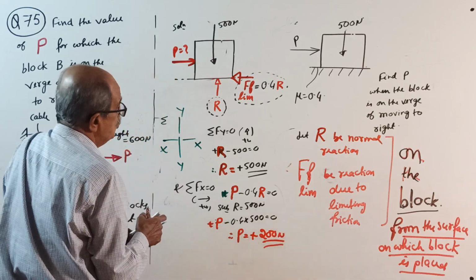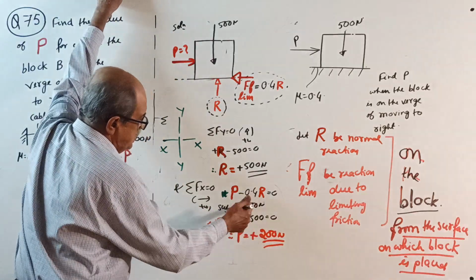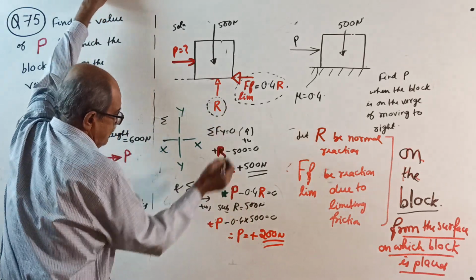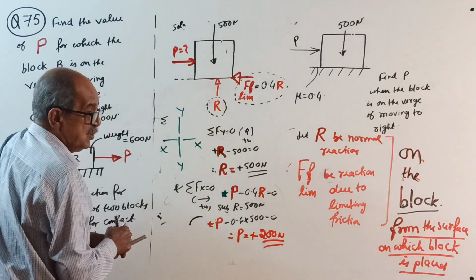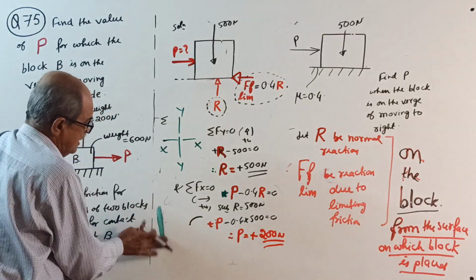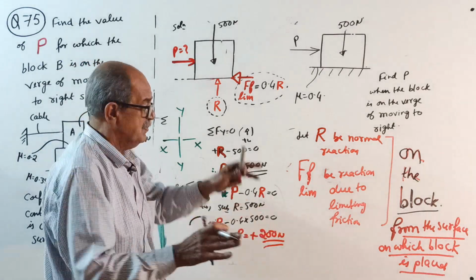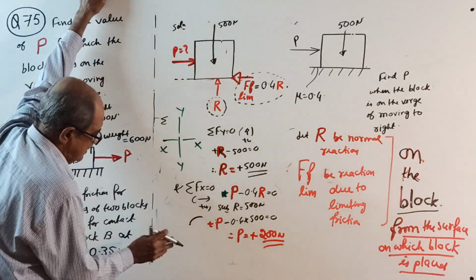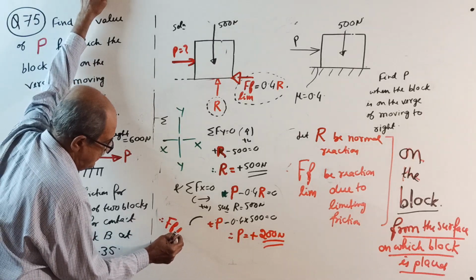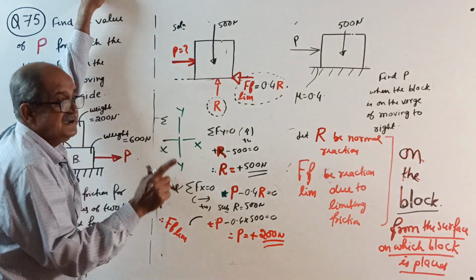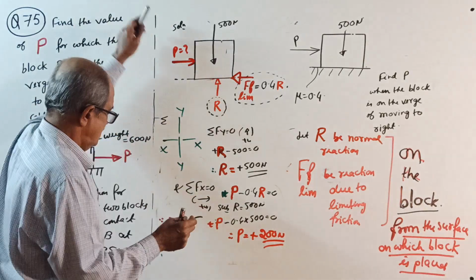And one more thing you note here, the frictional force. So far you never required it, because once you got the answer, the question is over. But today I will tell you that you should write the frictional force FF limit.